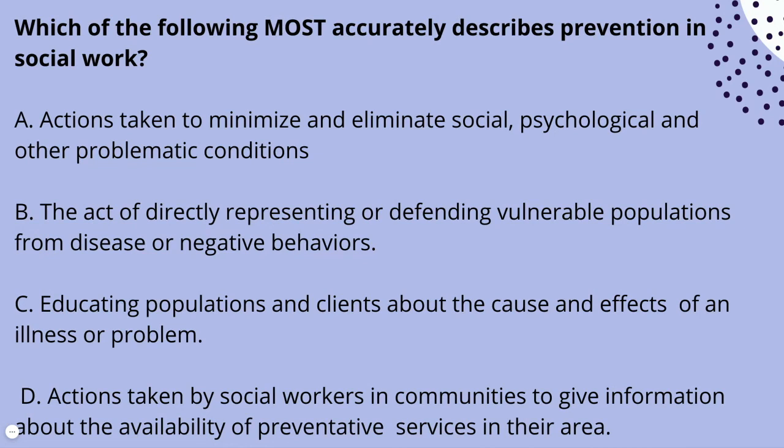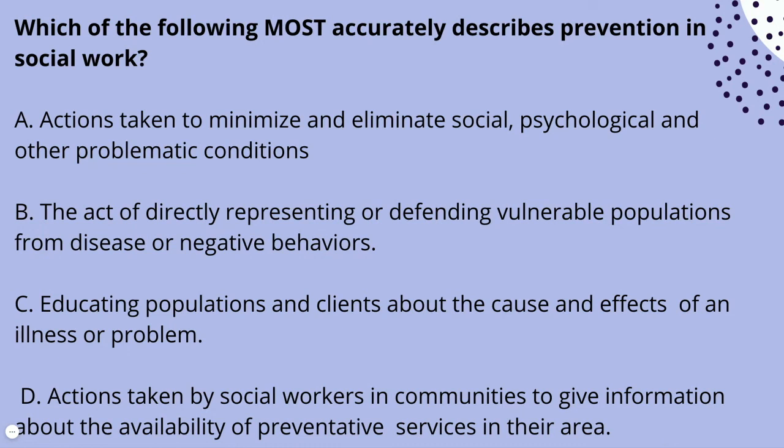Another one that we can take out is D, actions taken by social workers to give information about the availability of preventative services. Once again, not all-encompassing enough. Not enough there to accurately describe prevention, which leads us to A or B. So go ahead, read A and B. The next one we're going to eliminate is B, the act of directly representing or defending vulnerable populations from disease or negative behaviors.